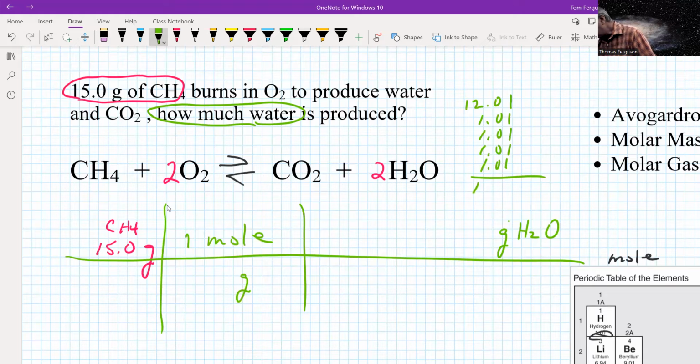So that's going to be 16.04 grams. Okay, so now grams cancel. Yeah, it's 16.05, everyone.